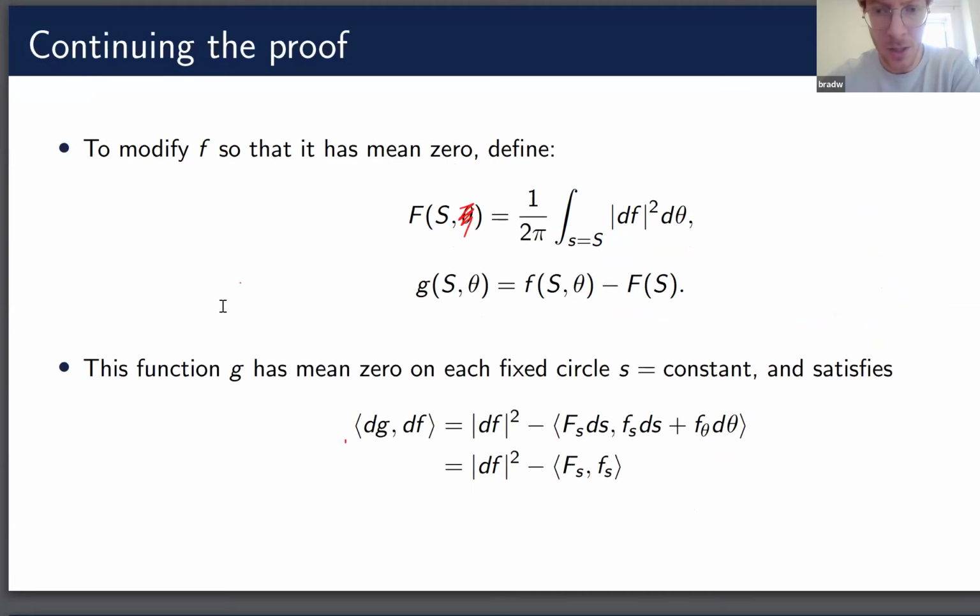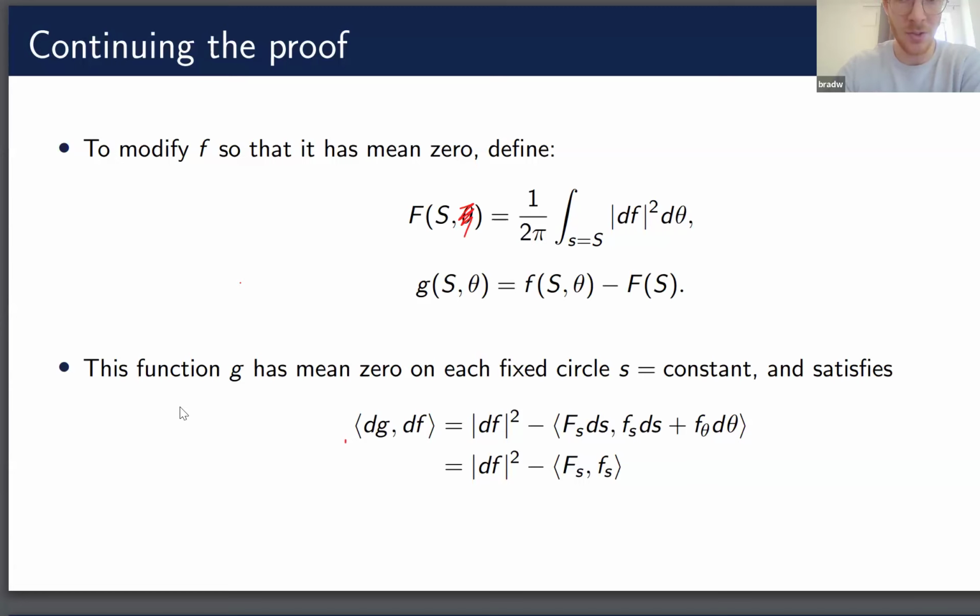Okay, and let's do some calculus, or just algebra, I guess. This function g has mean zero on each circle, and we can expand the inner product like this. So we just get that.